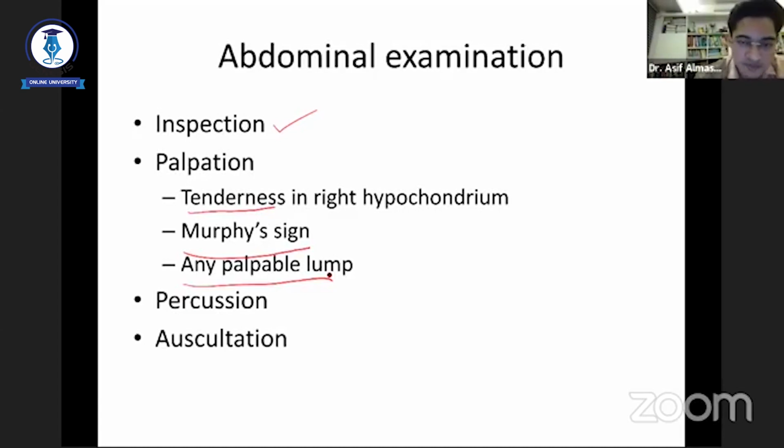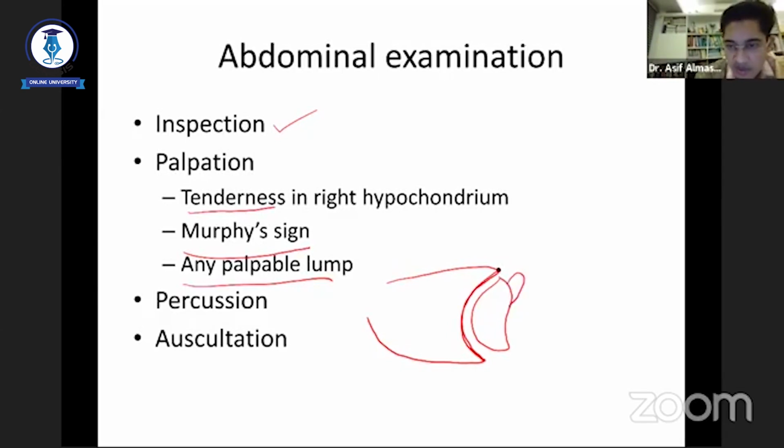If the patient is in supine position, and let's say this is the chest, this is the diaphragm, this is the liver, and this is the gallbladder, what happens is, if you put your thumb over here at the tip of, where do you do it?